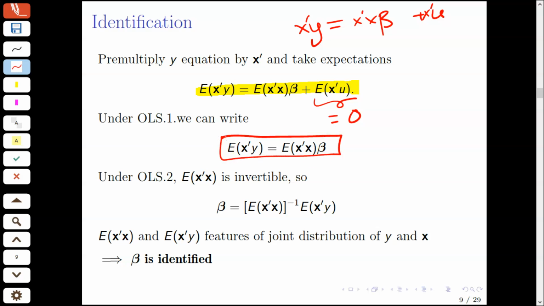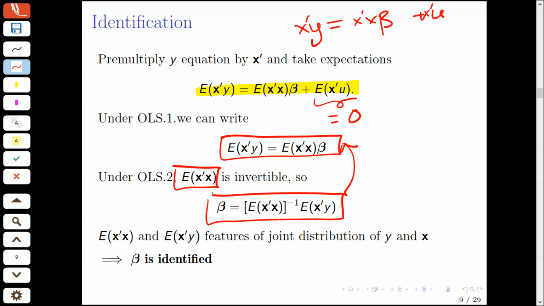Under the second OLS assumption, this expected outer product of the regressors matrix has full rank. Since it is a positive semi-definite matrix and it has full rank, it is also invertible, so we may solve for beta in our previous equation and express it as the inverse of the expected outer product matrix times the expectation of x prime times y.